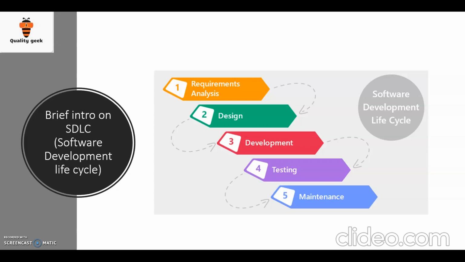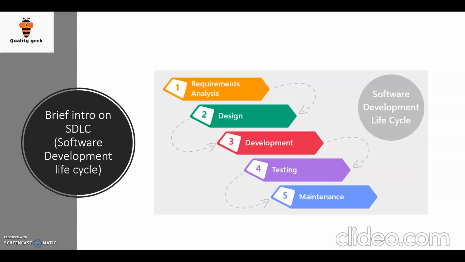Next comes the design phase. So there are two types of design. One is high level design and the other one is low level design. In this video, we will restrict our discussions with high level design. So during high level design, what we do is we design the application architecture. So during this phase, the application architecture is designed, and then comes the development.